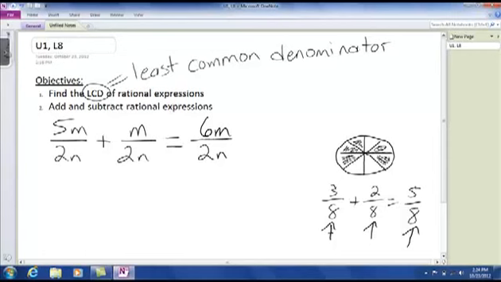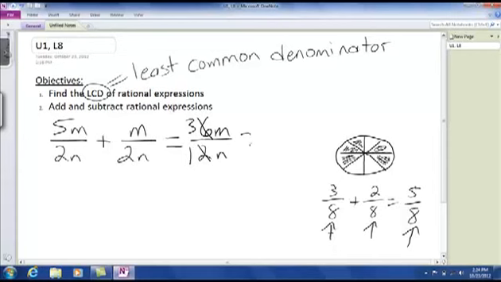Yes, this thing can reduce because we've got a 6 on top and a 2 on the bottom. And we know that those are both divisible by 2. 6 divided by 2 is 3. 2 divided by 2, well, I'll just erase it. How about that? I don't know why it just erased itself. Again, my pen is playing games with me today. But 2 divided by 2 is 1.